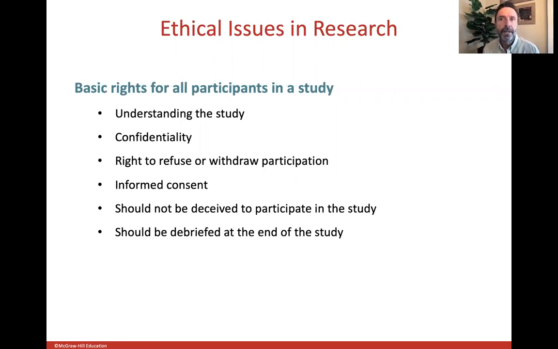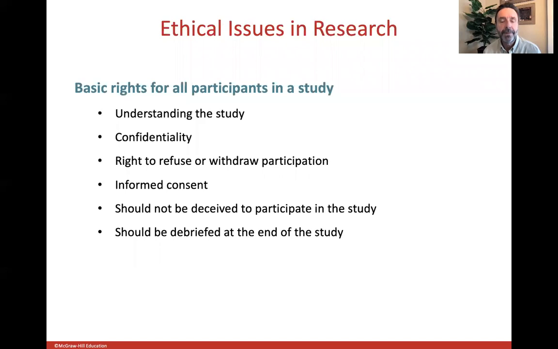Most of our research in the history of psychology research had some ethical problems where people were harmed in the research, and I'm talking about going back now maybe 100 years or 50 years ago.